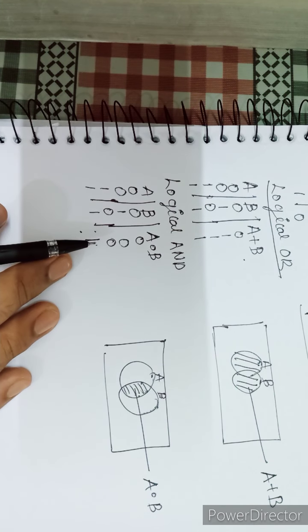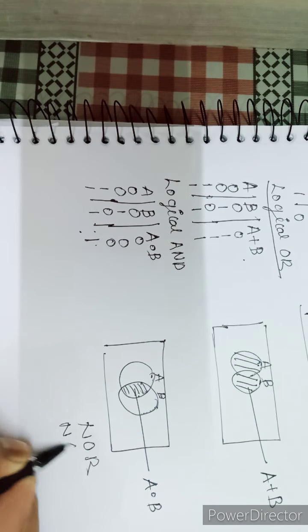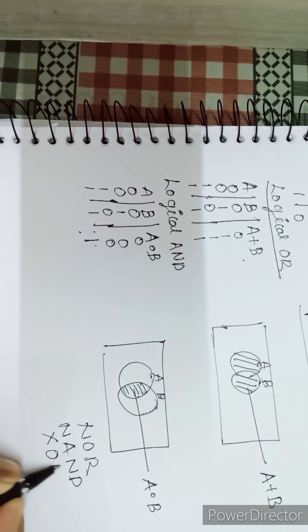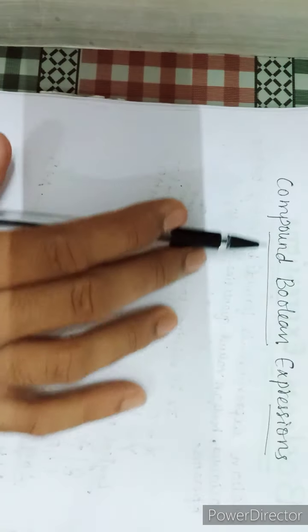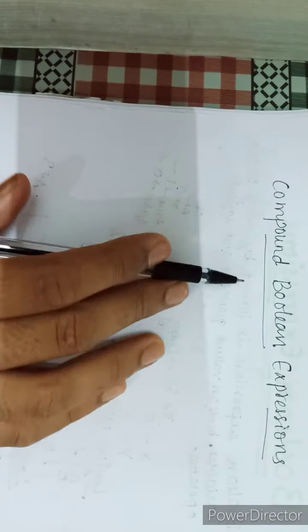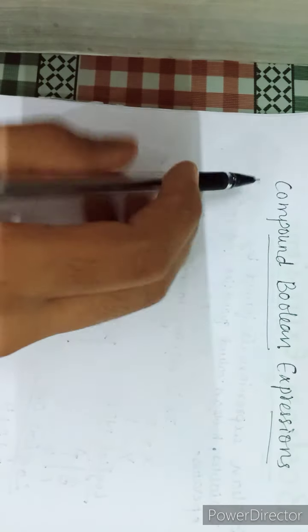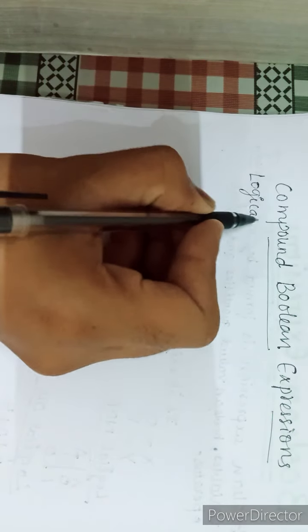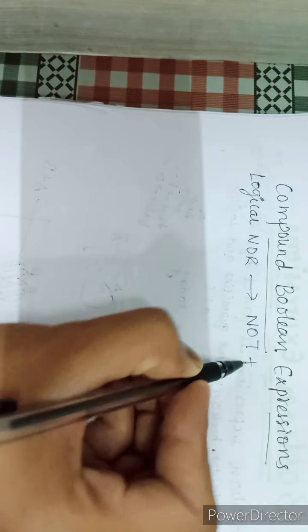After this we will see compound Boolean expressions. The compound Boolean expressions are NOR, NAND, XOR, XNOR. An expression is called a compound Boolean expression when it is formed by the use of operators like logical NOR. Logical NOR is formed by logical NOT plus OR.